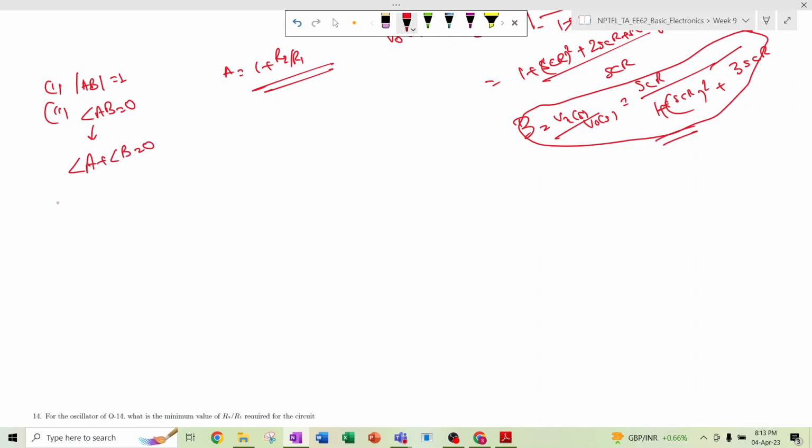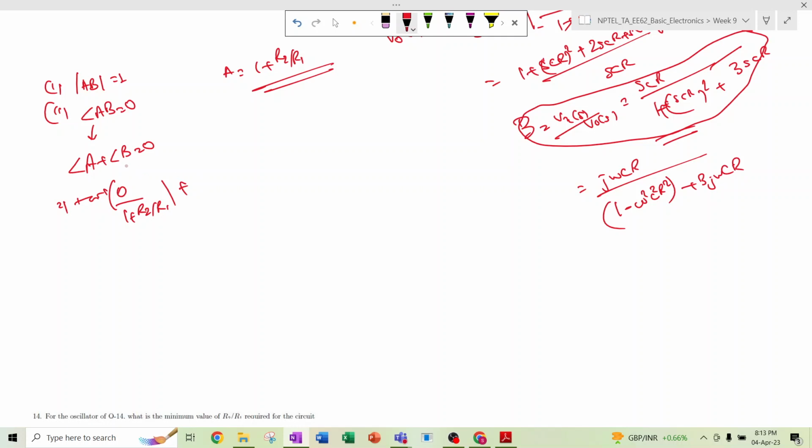Angle of A is tan inverse 0 because there is no imaginary term, plus angle of B. Angle of B we can say j omega CR divided by 1 minus omega square C square R square plus 3 j omega CR, right?